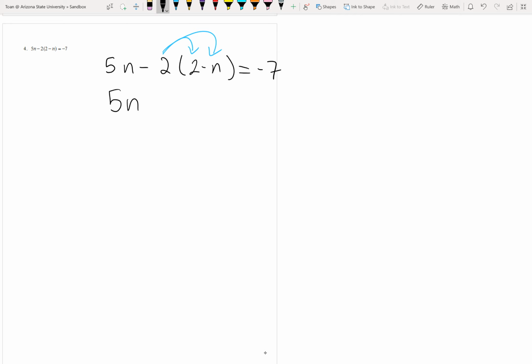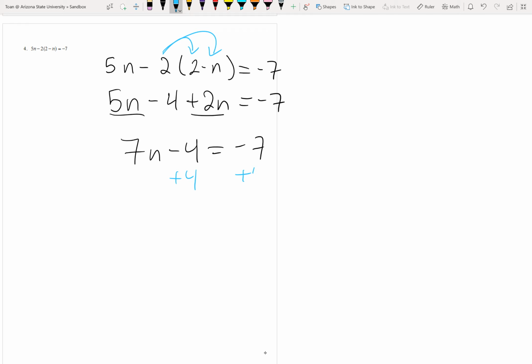So this is 5n minus 4 plus 2n, because I'm multiplying by negative 2, equals negative 7. We'll go ahead and combine like terms, so that's 7n minus 4 equals negative 7, and then it becomes a two-step linear equation. Let's add 4 to both sides. 7n equals negative 3, and then of course divide by 7. So you get n equals negative 3 sevenths.